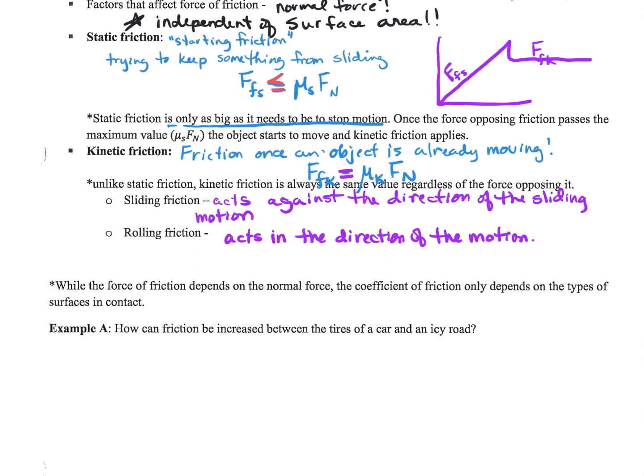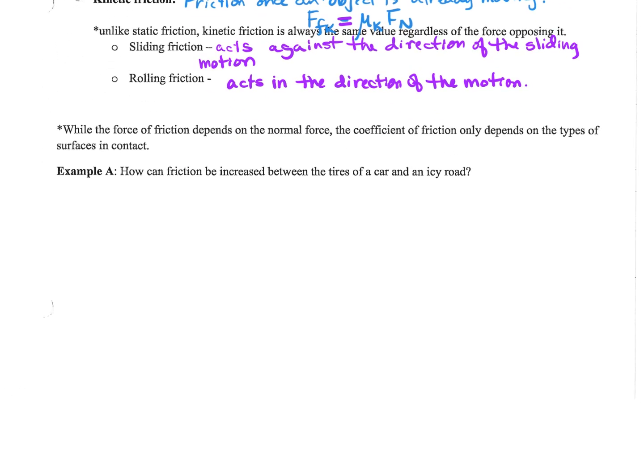The wheel goes this way, so the friction goes that way, and the car is going that way. All right? So here we go. While the force of friction depends on the normal force, the coefficient of friction only depends on the type of surfaces in contact. By the way, what do we mean by that? We had at some point that mu is equal to the tangent of the angle of the incline that causes it to break the surface.